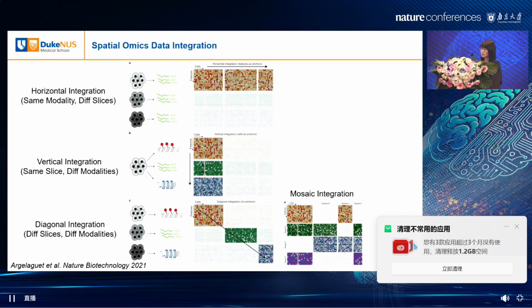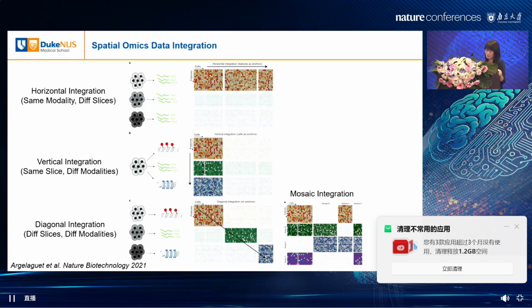So after we have learned the power and application of spatial transcriptomics, today I would like to focus on the integration of spatial omics. There are four major types of integration. The first type is horizontal integration, where the data comes from different tissue slices, but acquired with the same technologies for the same omics modalities.